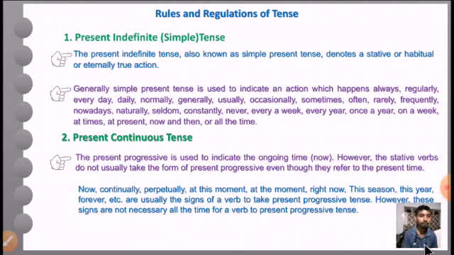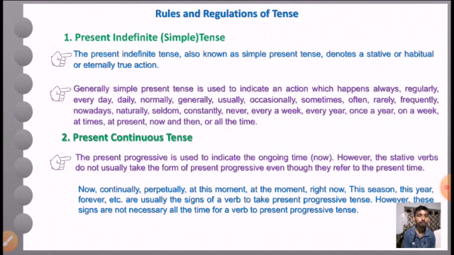Continually, perpetually, at this moment, at the moment, right now, this season, this year, forever, etc. are usually signs of a verb taking present progressive or present continuous tense. However, these signs are not necessary all the time for a verb to take present continuous tense.